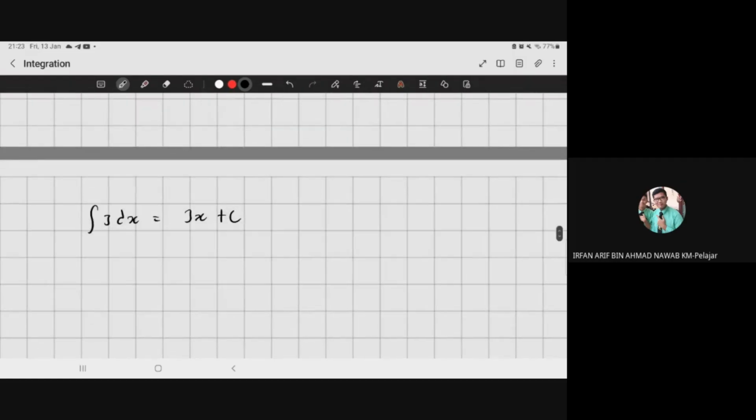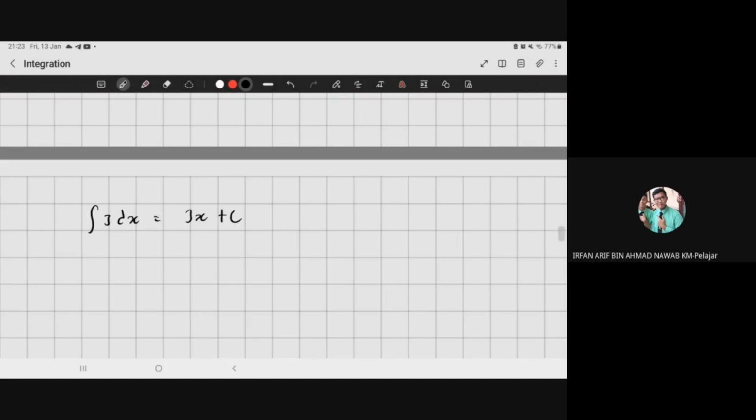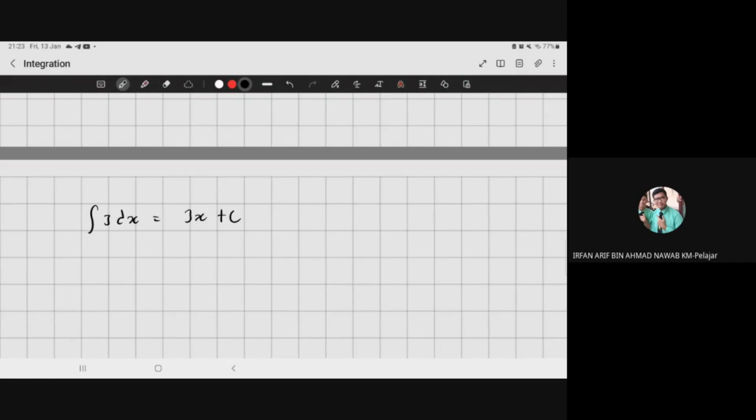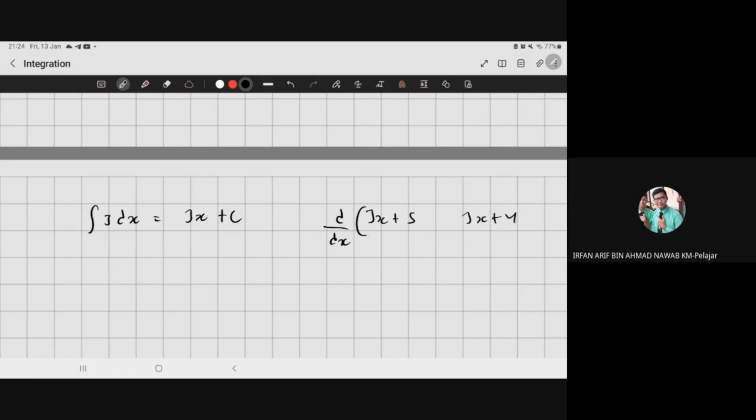But if you want to know more, in a nutshell, if you have two identical functions but with different constants, let's say 3x plus 5 and 3x plus 4, when you differentiate both of these with respect to x, you will get the same value, which is 3 and 3.